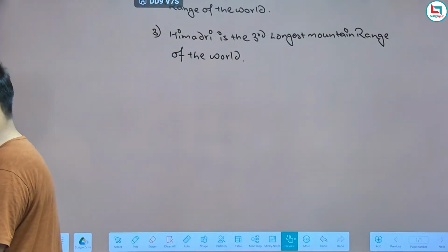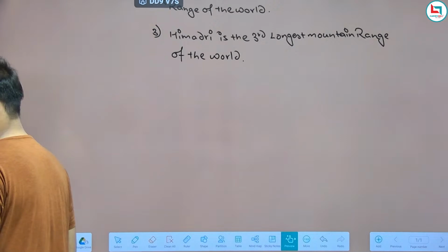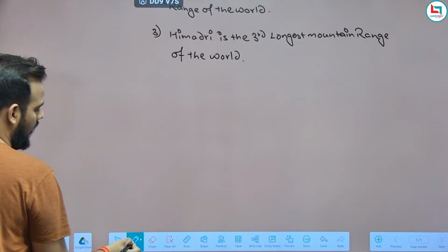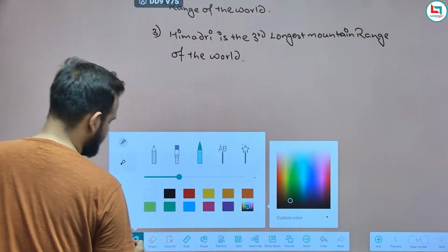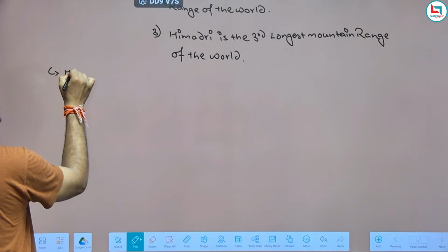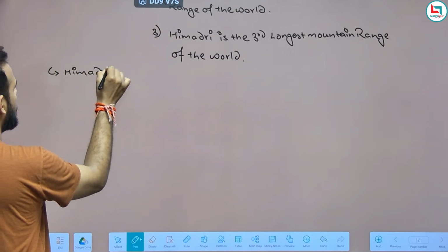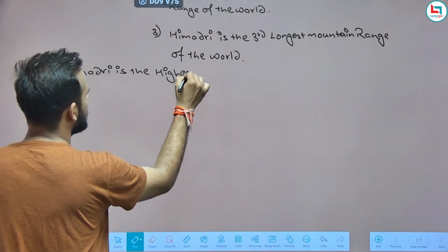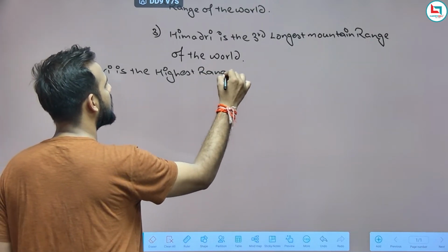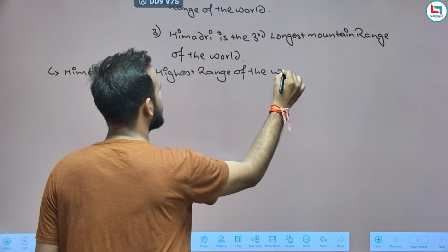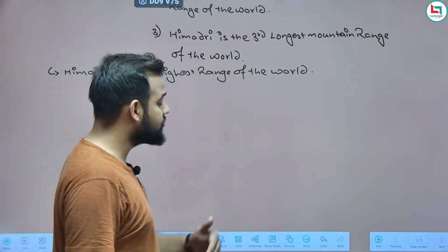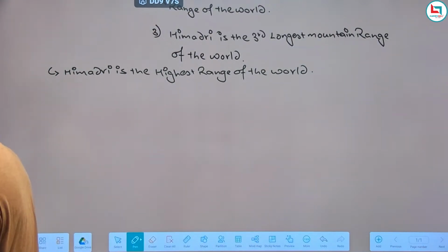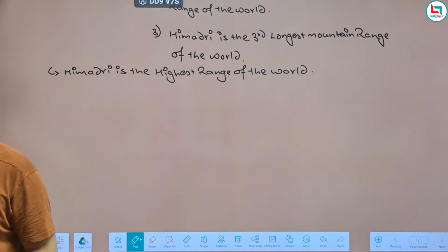The very first basic characteristic is that Himadri is the highest range of the world. Remember this.